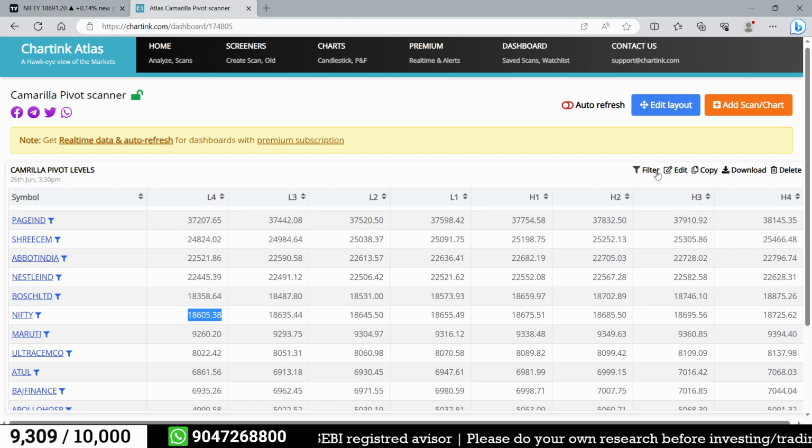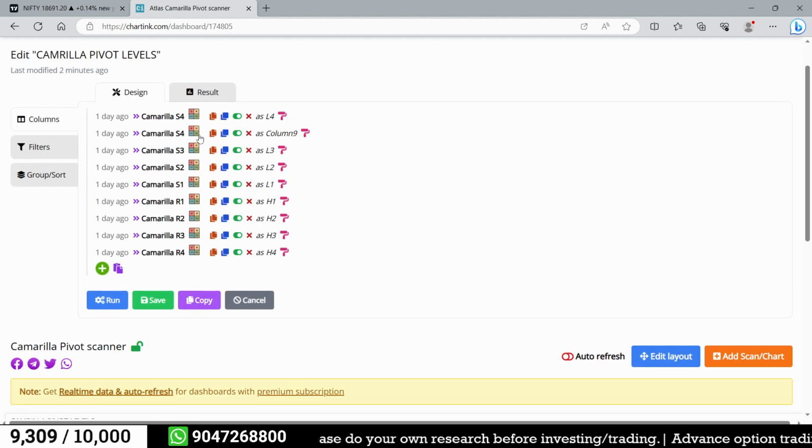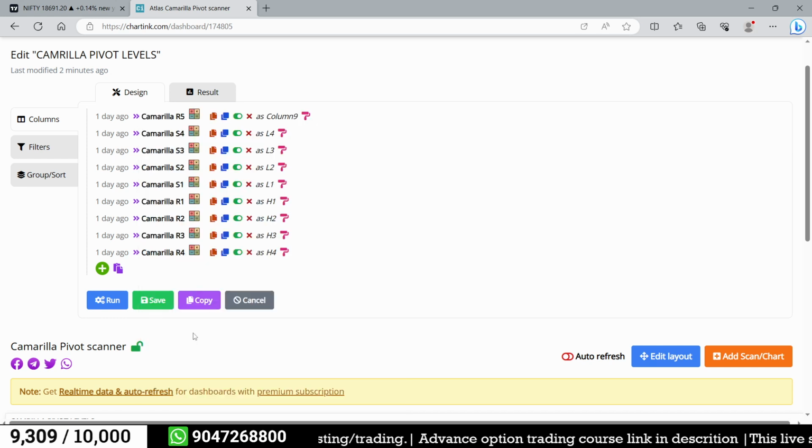Here we can simply add the other levels, since we already created the custom indicator. We want to know about S5 or H5, resistance 5, so we can simply add it here. It should be H5.